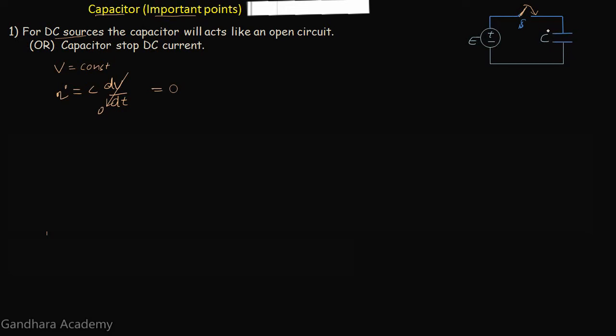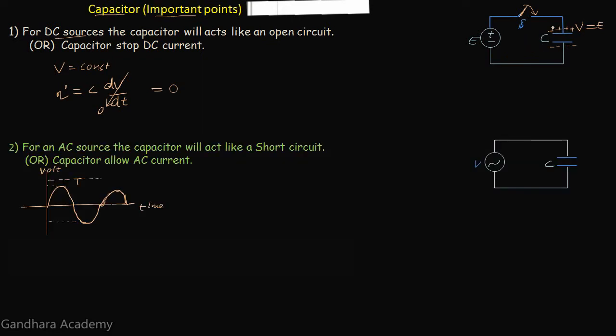As a result, positive charges will be established on the upper plate and negative charges on the bottom plate. Now at the instant when the voltage across the plates of this capacitor, let's say V, is equal to the voltage of this DC voltage source, the current flow will stop. The capacitor will no more allow any DC current through it.